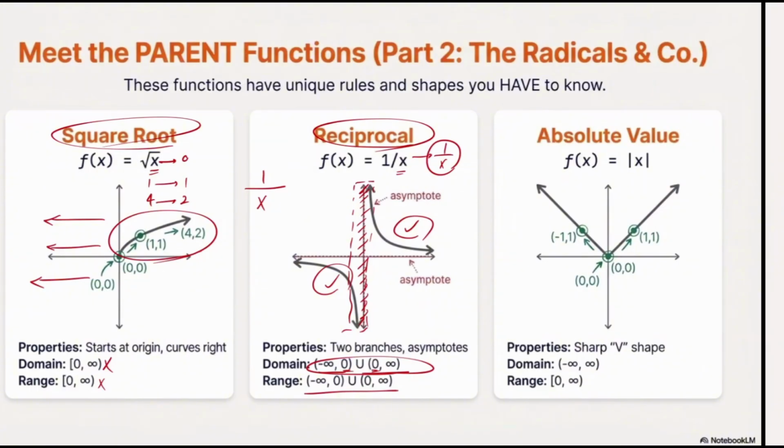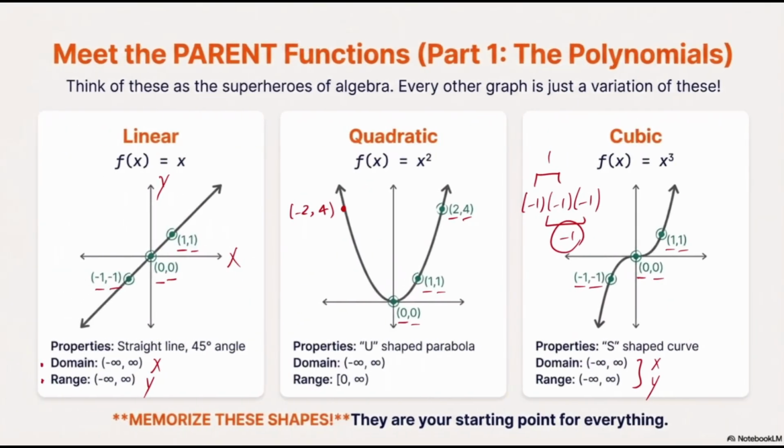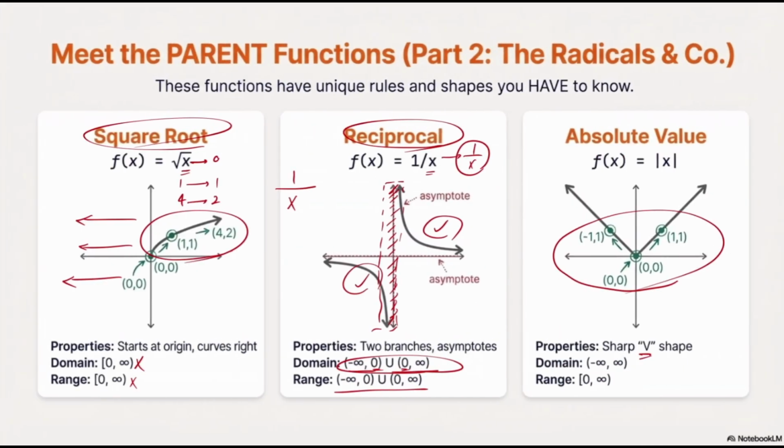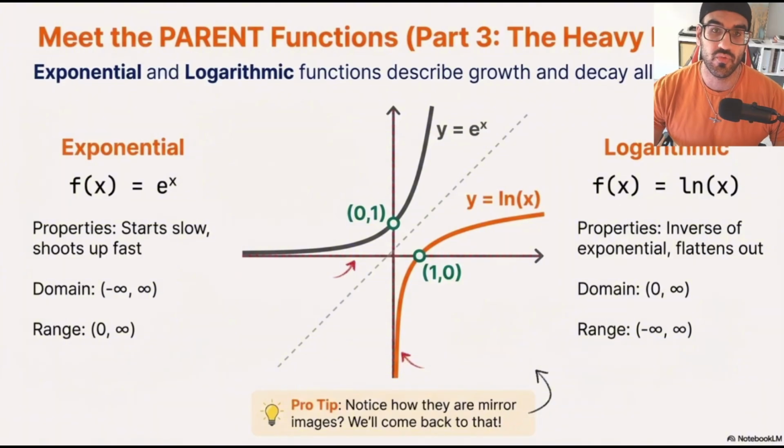If we use a table and choose a couple of numbers, you can draw that and you have something like this. It's something like a V shape. So these three, alongside the previous three, are important ones, and I suggest you memorize them because you're going to need that in the future. Another parent function that you will face a lot in the future is about exponential and logarithmic functions.